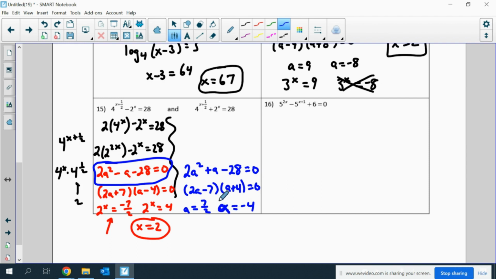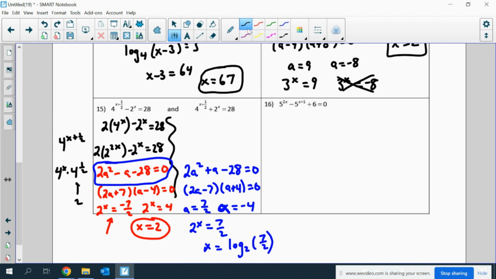Now, a equals negative 4 is not going to work because 2 to the x can't equal negative 4. But if 2 to the x equals 7 halves, then x is going to have to equal, well, it's not going to be a nice number. It's going to be log base 2 of 7 halves. So it's important to understand that we can have kind of nasty log answers too.